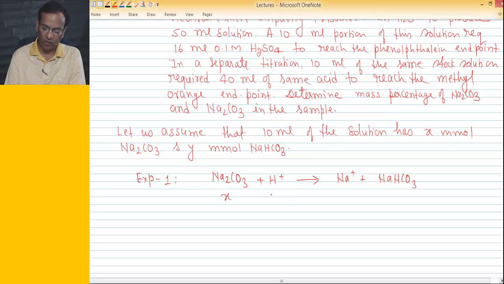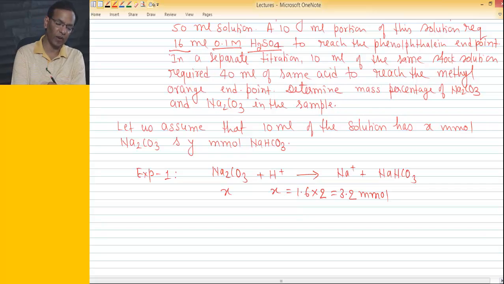So x of this will require x of this, which is equal to 16 ml 0.1 molar sulfuric acid. So 16 into 0.1 into 2, we are calculating millimole of H plus, sulfuric acid is dibasic acid. So millimole of H plus will be 2 times millimole of sulfuric acid. So it is 3.2 millimole. In the second experiment, what will happen?